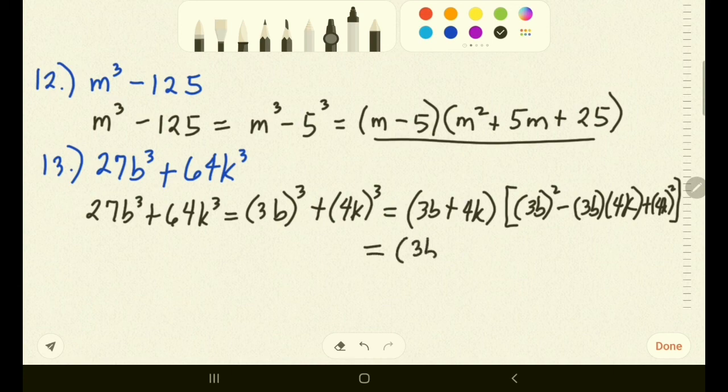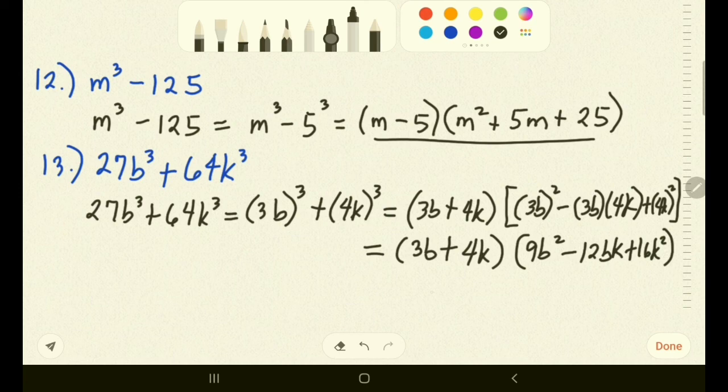So you have 3b plus 4k, square of 3b, that would be 9b squared, minus 3b times 4k is 12bk, square of 4k, that would be 16k squared. Okay, they are the factors of 27b cubed plus 64k cubed.